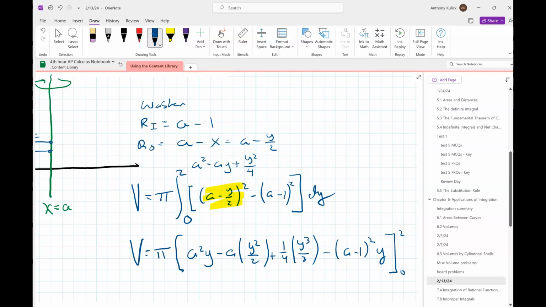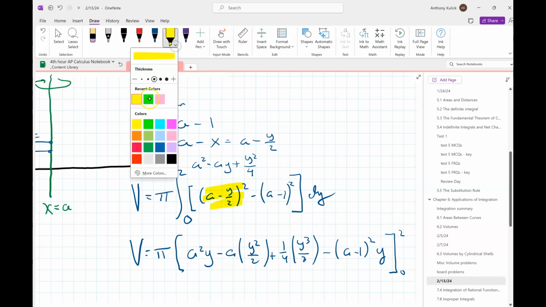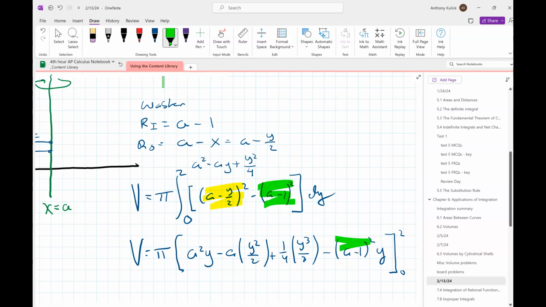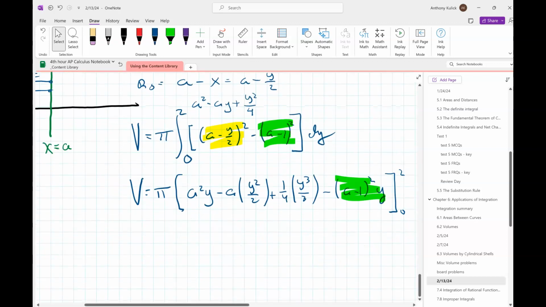Why is (a minus 1) squared times y the antiderivative? Right, it's just a constant. (a minus 1) squared is a constant, y is the variable, and a is a constant. I don't need to FOIL it out, though you could if you wanted to. It's supposed to be dy next. Yes. Everybody's okay?